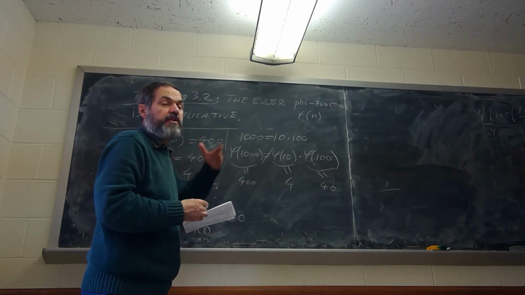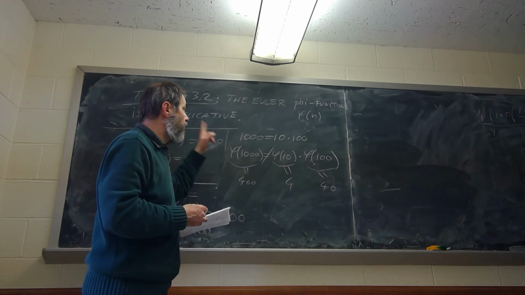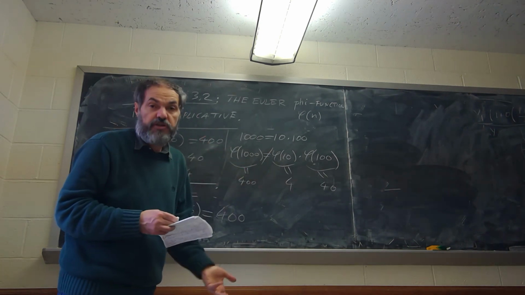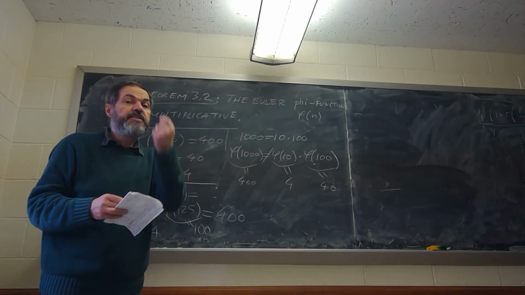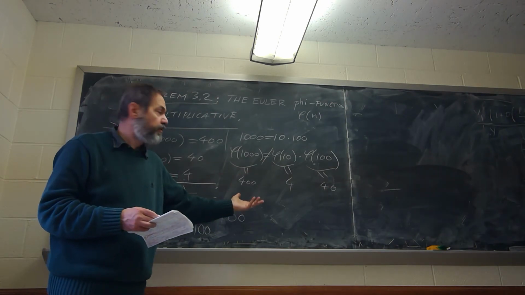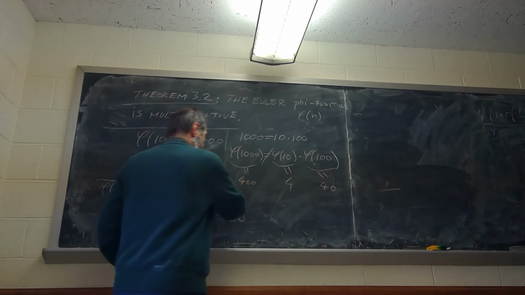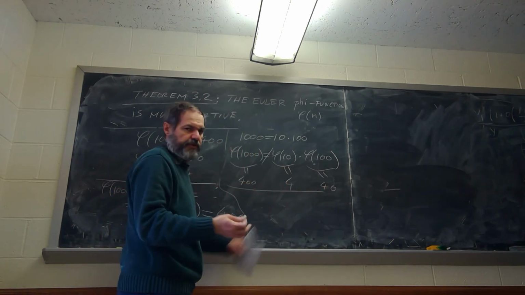This is an example that shows that Euler function is not completely multiplicative, because there exists at least one example that we found where it doesn't work, and we can find plenty of others.